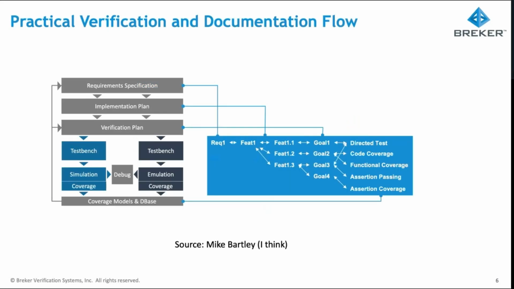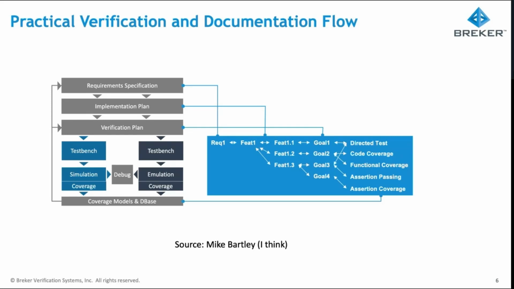And it looks something like this at a very high level, where you would start with a requirements specification. From that you would end up with a series of requirements, in this blue box. That forms an implementation plan, which consists of a number of different features, and then a verification plan, which contains a number of verification goals, which have to exactly match those features.